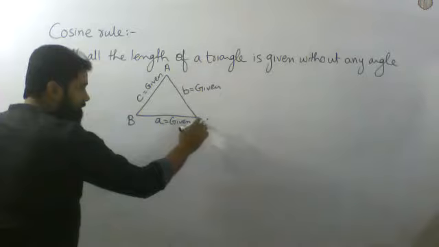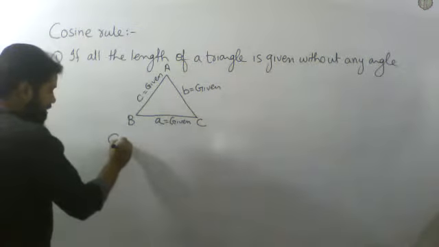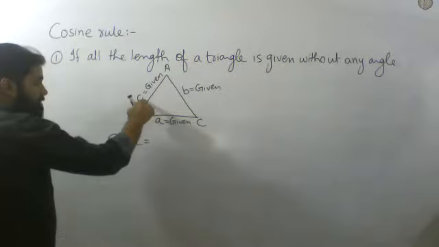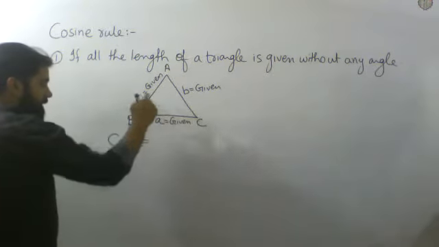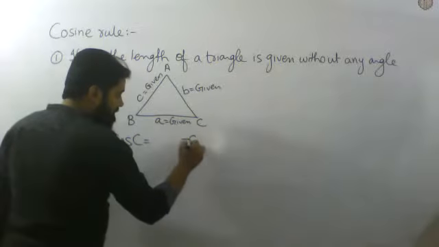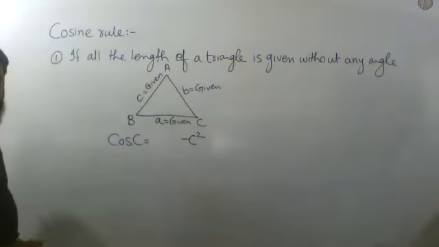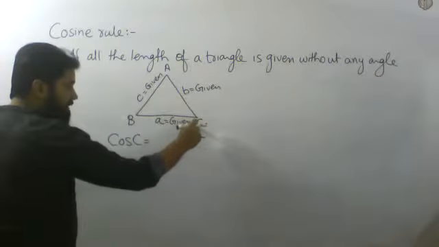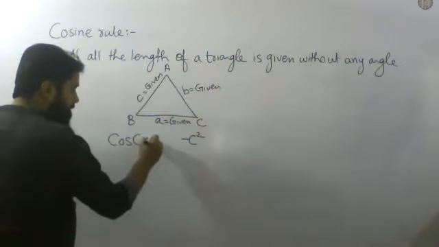If I am going for value of angle C, so cos of C, side opposite to angle C will be written with negative squaring. Okay, and the sides which are not opposite to C will be written in positive squaring.